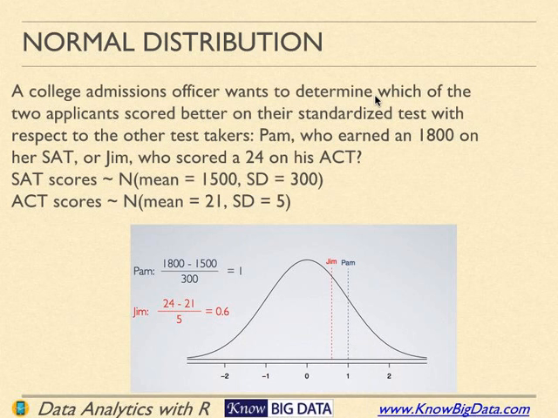So what I asked is: can you tell me the mean of all the students who took the SAT and the mean of all the students who took the ACT? They told me the mean for the SAT score is generally 1500 and the standard deviation is 300, and for the ACT the standard deviation is 5. So which one do you think is a better candidate, Pam or Jim? On what basis do you say that?